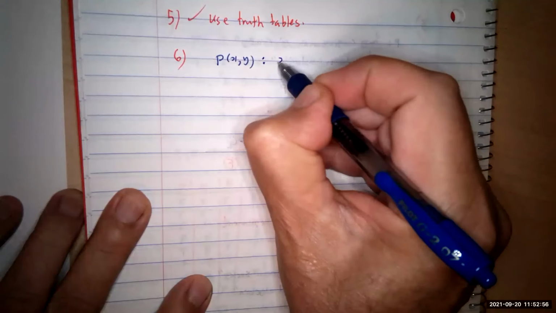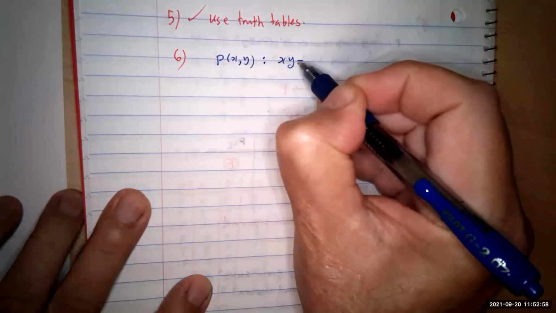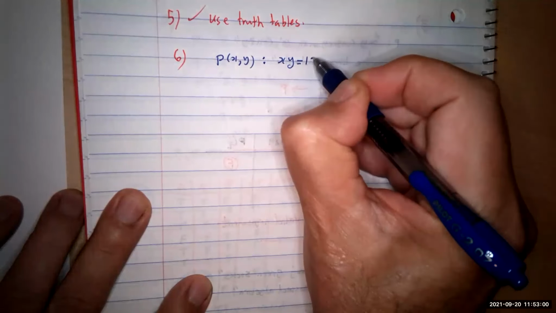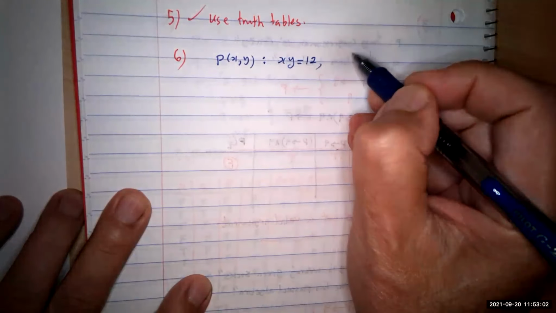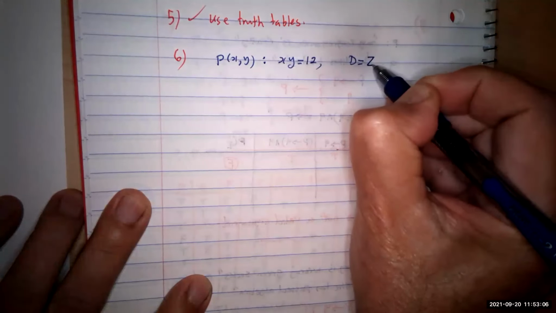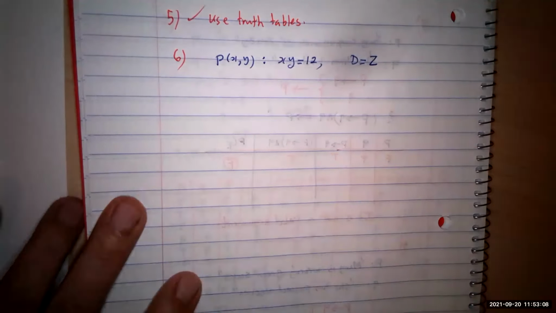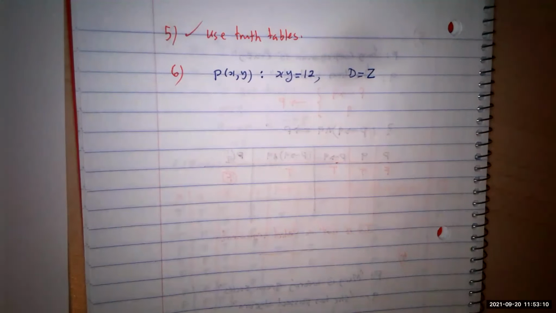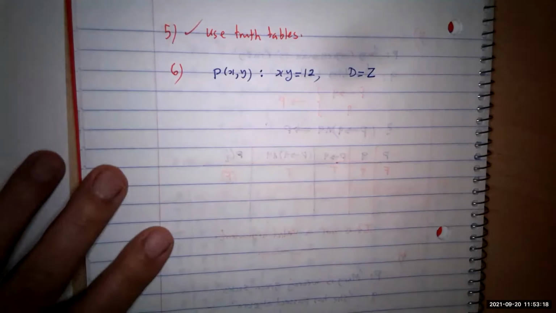It is the fact that x times y, a multiplication notation, is equal to 12. And you check the domain. The domain is all integers. When you work with the predicate, consider the domain to make sure whether it's true or false, because that very much depends on the domain. So have the domain ready.